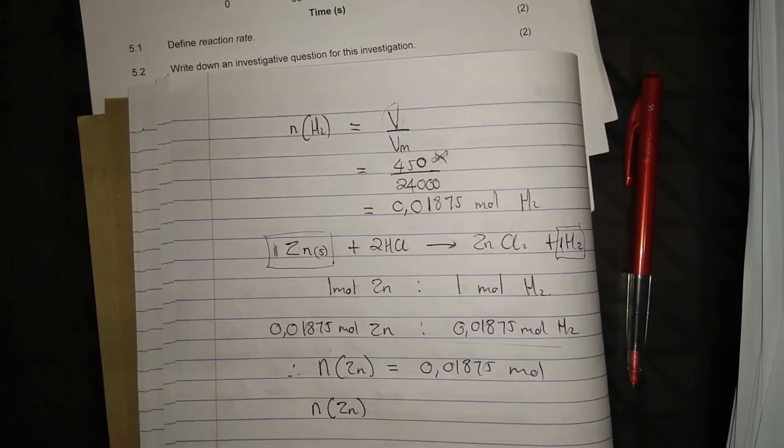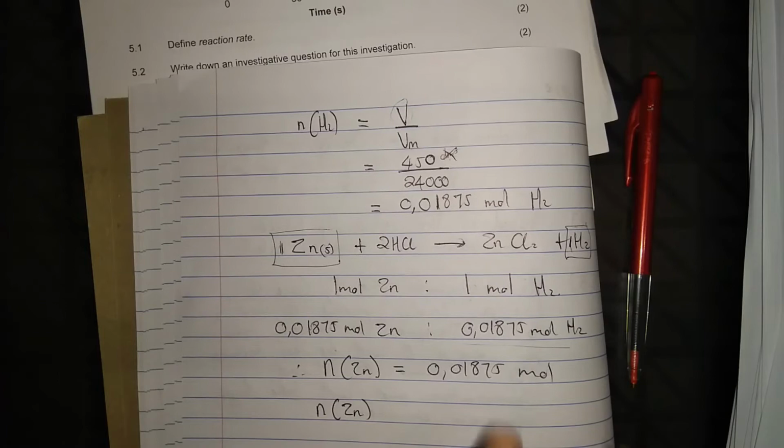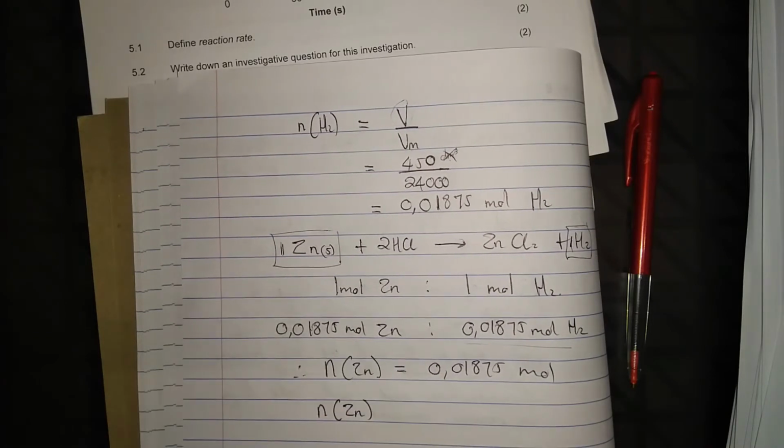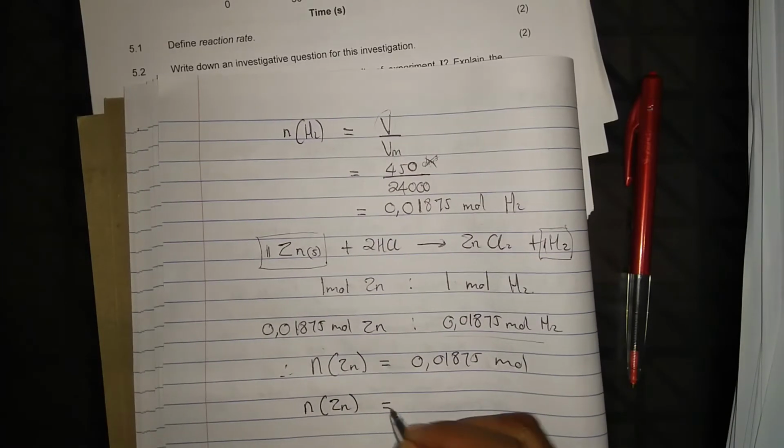Since I want the mass of zinc used, and I have the number of moles, I can use the molar mass of zinc.